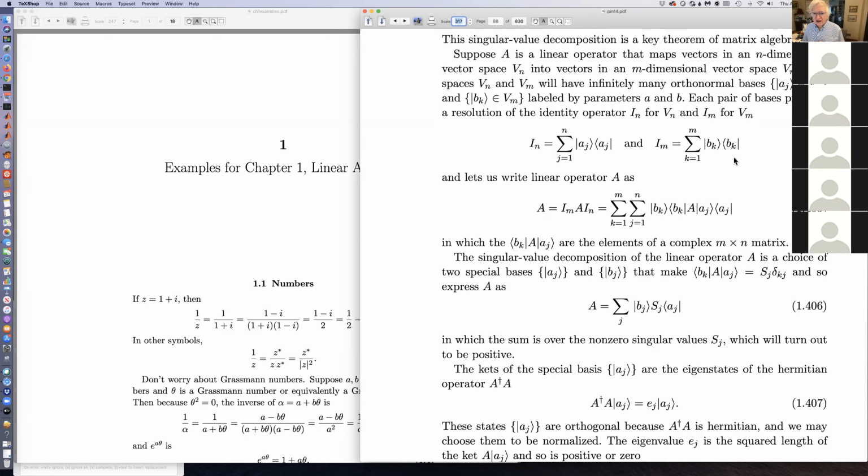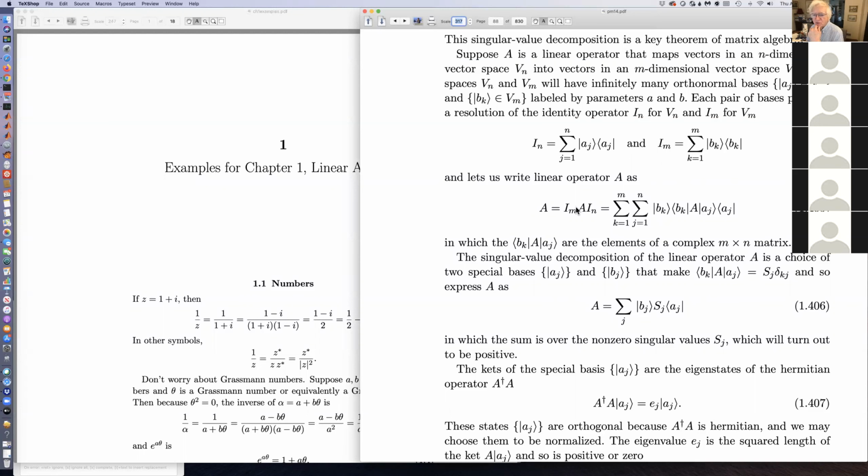If we use these two together, we can say A is clearly Im A In, and that's this expression here. And what you see here says again what I said earlier, namely that in general, A is a double sum. What's special about the singular value decomposition is that we reduce it to a single sum.